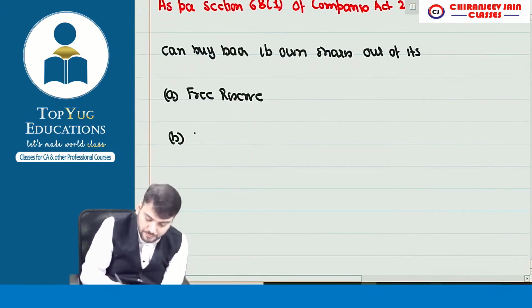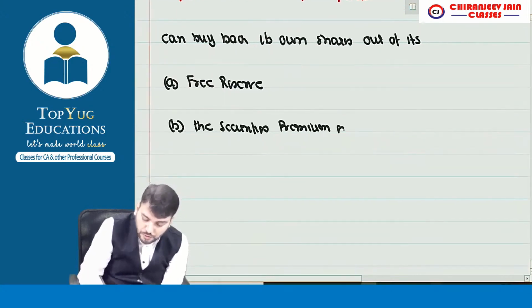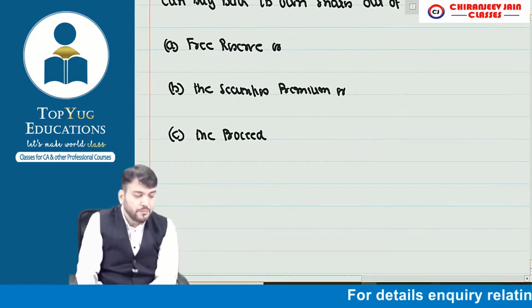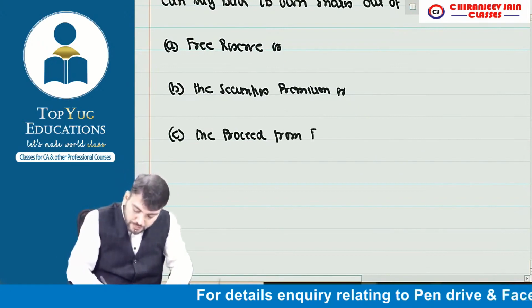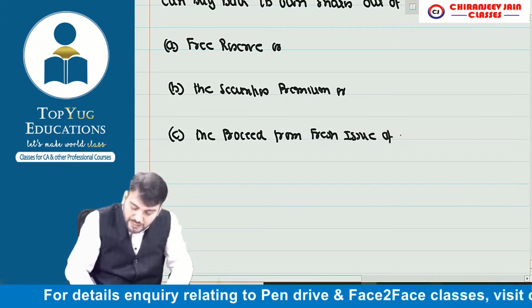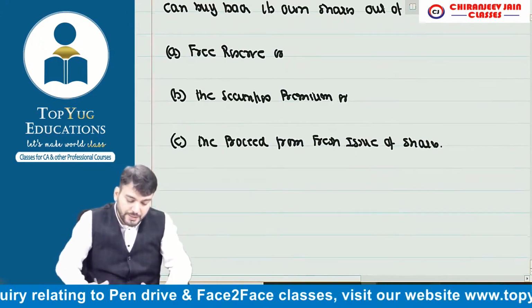Point number B, the securities premium, or point number C, the proceeds from a fresh issue of shares, correct.